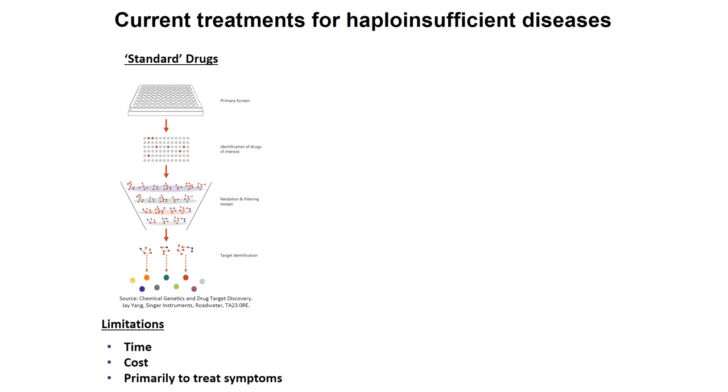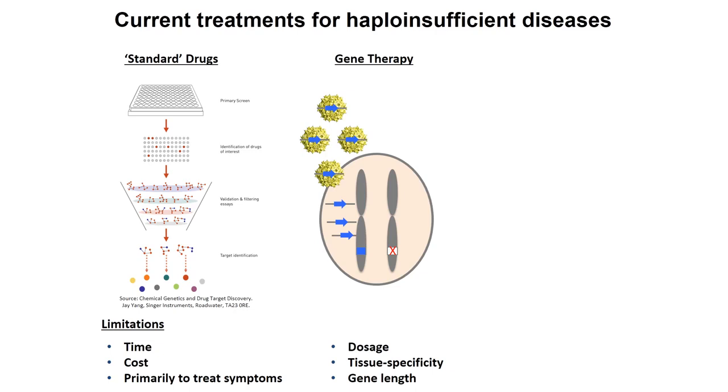Current treatments for haploinsufficient disease are standard drugs. The problem there is that it's timely, costly, and these are primarily to treat the symptoms, but not actually cure the disease. We could use gene therapy, where we insert extra copies of the gene to try to cure the disease.